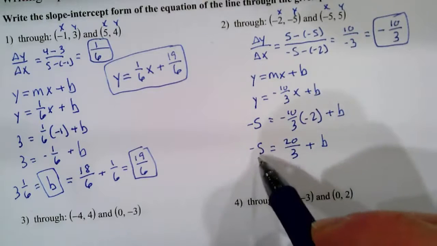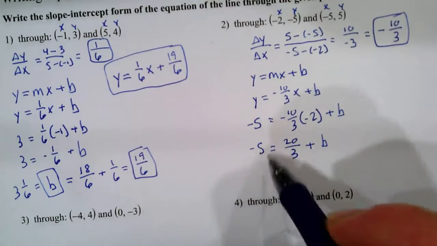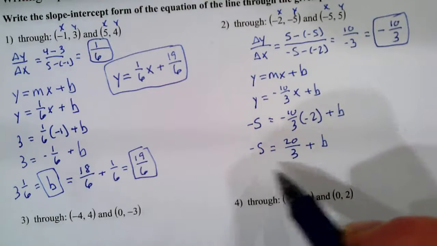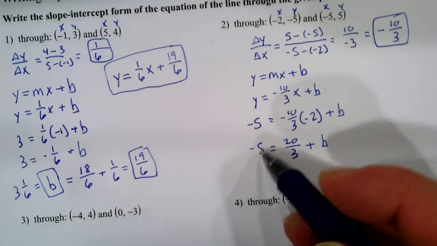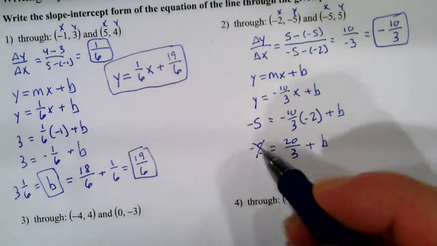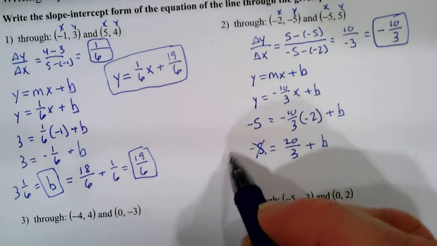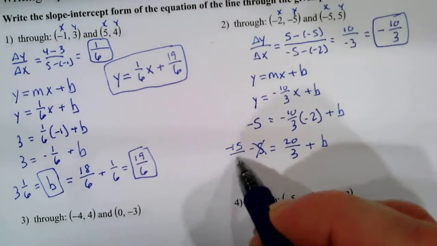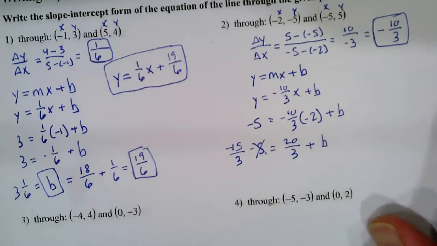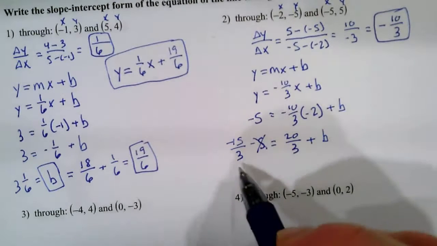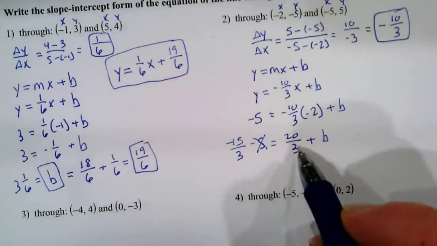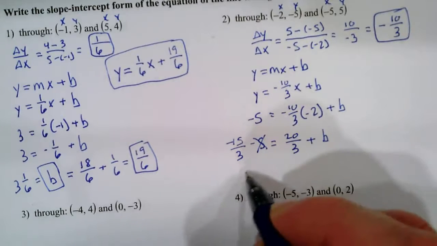All right. Now I'm going to take negative 5 here. I'm going to change this into a number of thirds. So negative 5 is the same as negative 15 thirds. And then we're going to subtract 20 thirds from both sides.